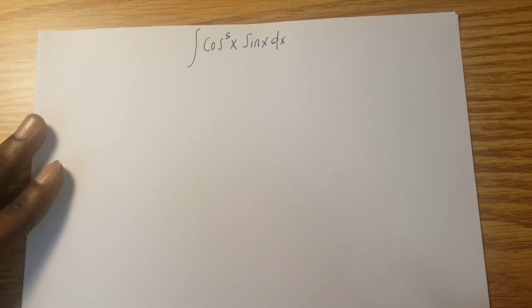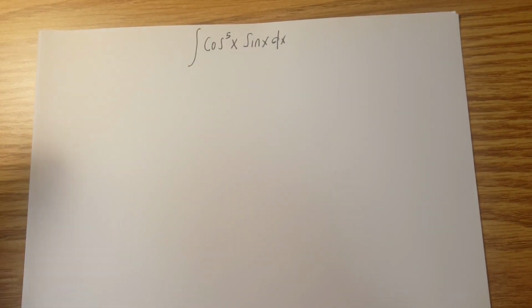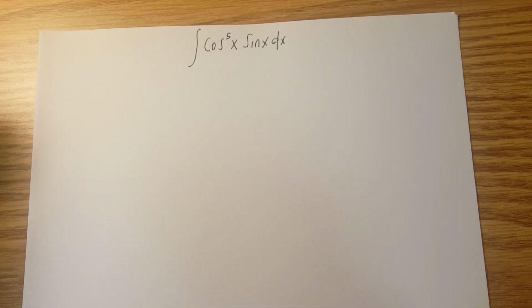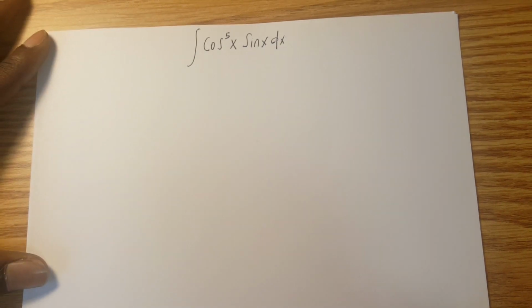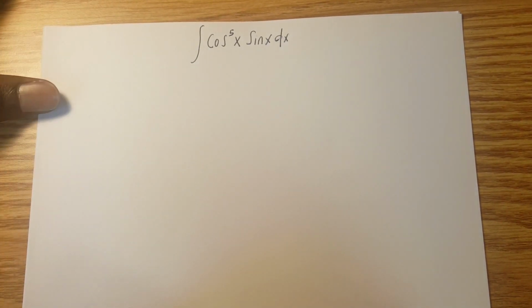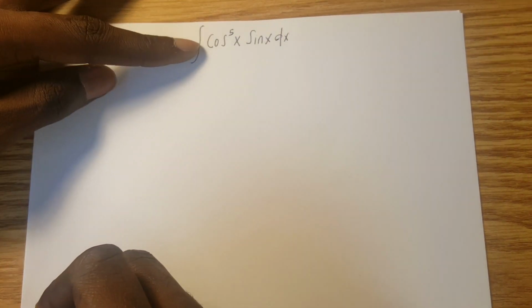The rule says if you see an odd power of cosine which is greater than 1, we split off one of the cosines and we substitute using the trigonometric identity. So what we're gonna do here is split off one of the cosines.